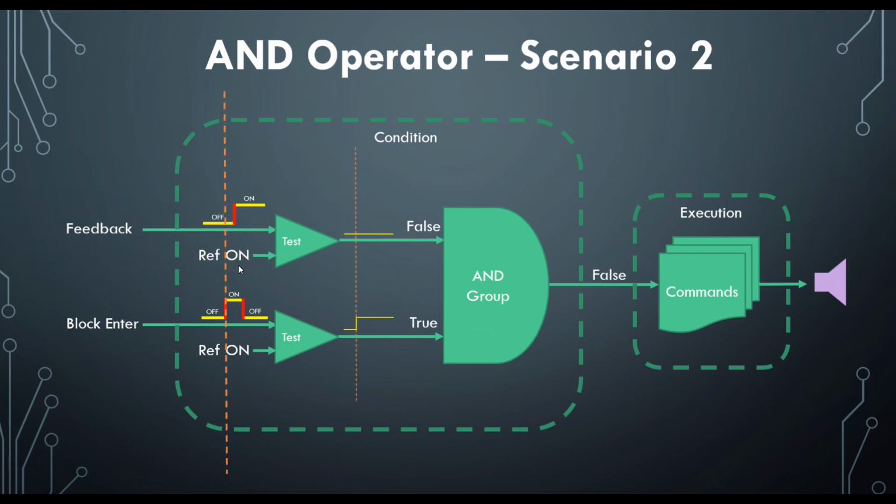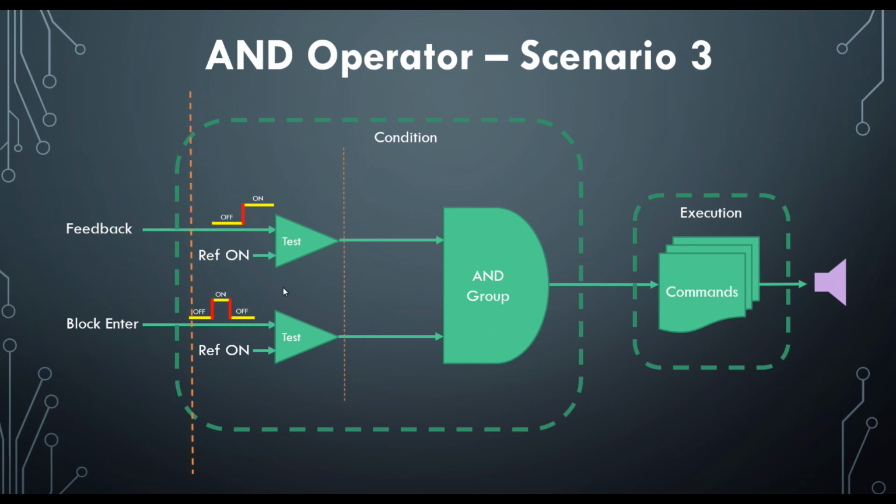Move the timeline on. Feedback turns on, so these now match. That becomes true. True and a true produces a true, and the sound file will be executed. So in this scenario, the feedback event acted as the trigger, and the block enter was used for the state.